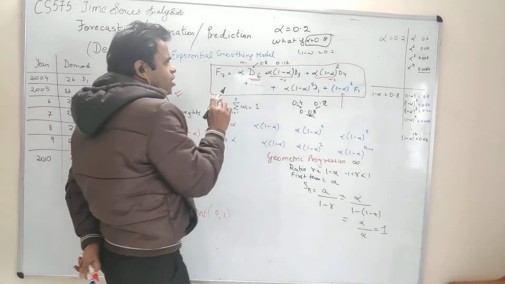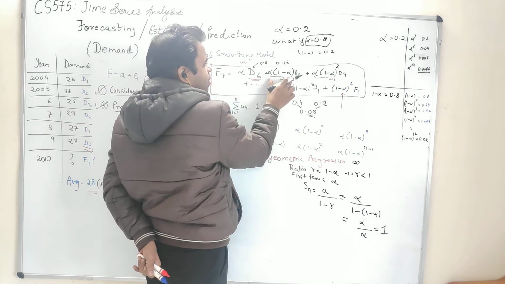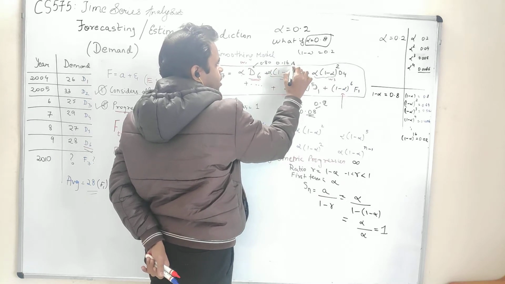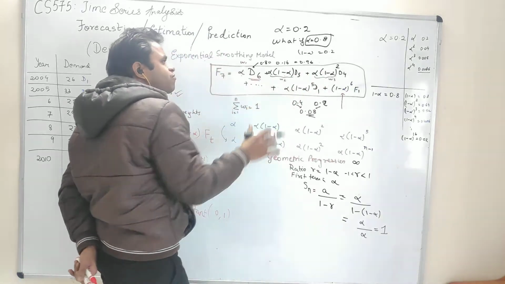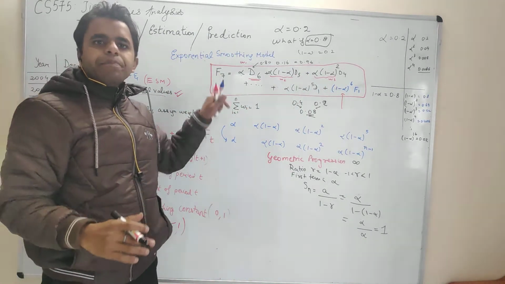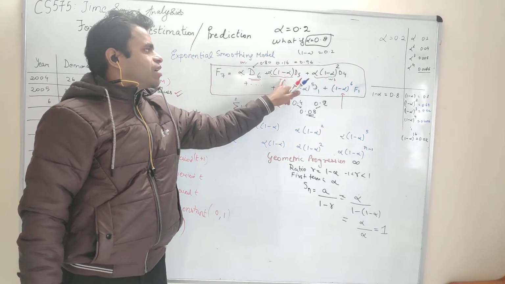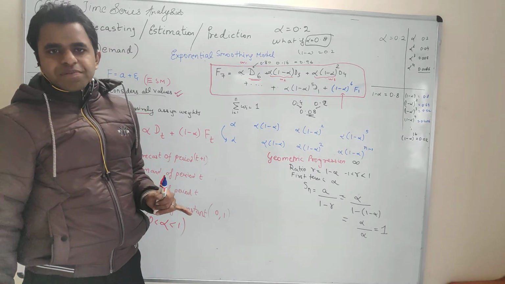Fine. So now if you see the contribution to F7, alpha and alpha into 1 minus alpha are themselves contributing 0.8 and 0.16. So these two themselves contribute to the main forecasting, right? So 96% of this basically comes from these two factors only. Again, which is not desirable, right?